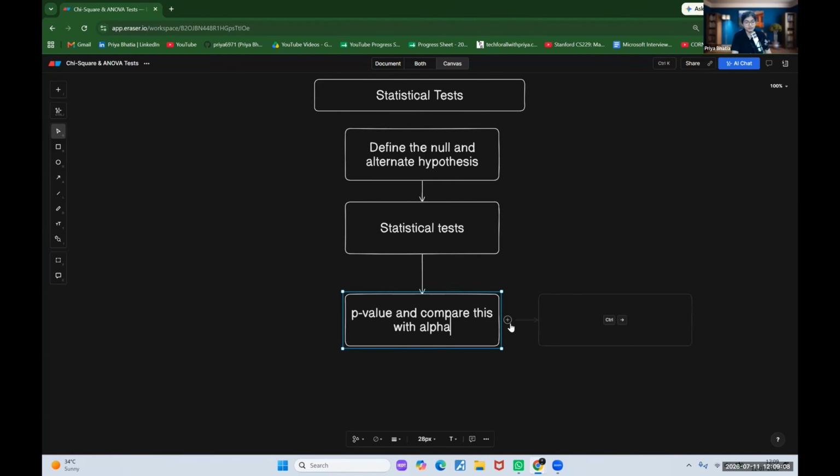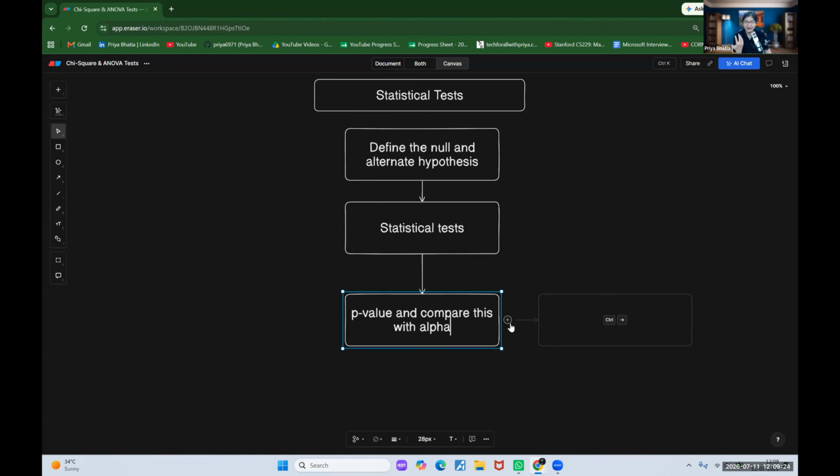Now, alpha is nothing but a type 1 error, right? So it's how much error we are allowing in our experiment.